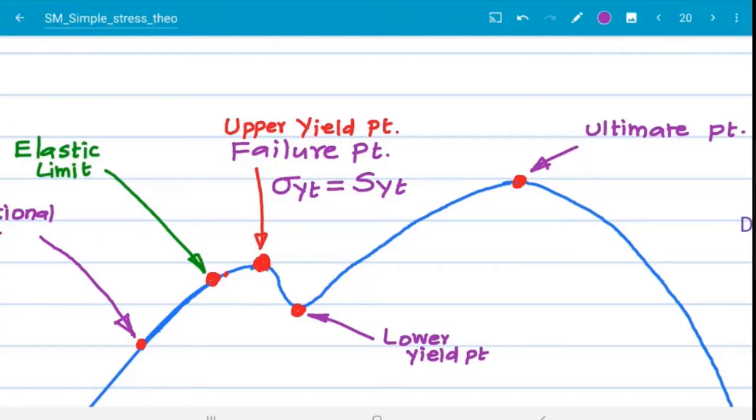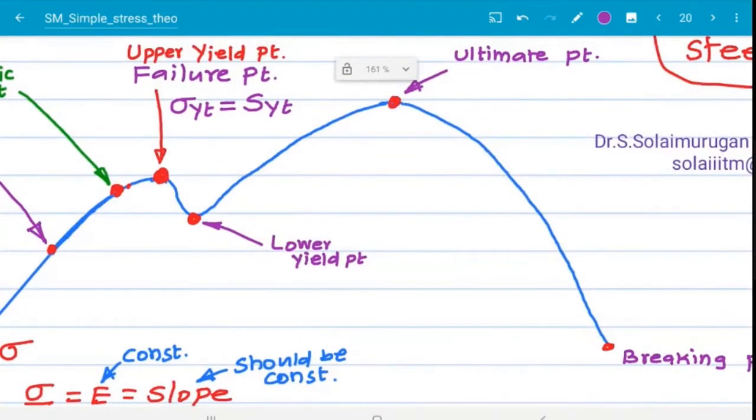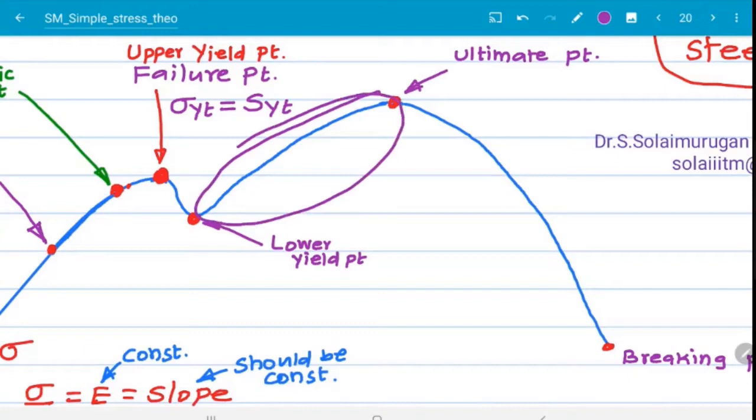That is a specialty of the upper yield point or first yield point. In that point, we are finding the strength value. So stress at yield point is equal to strength. Then the portion beyond is useful for the metal forming process only.